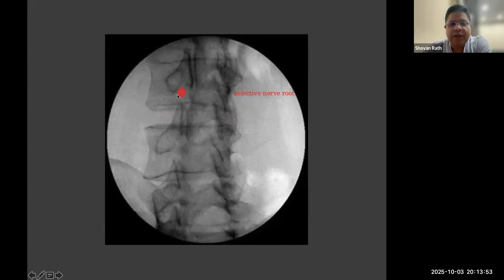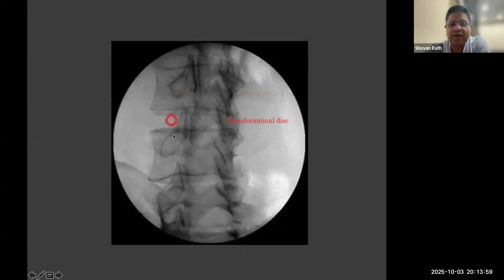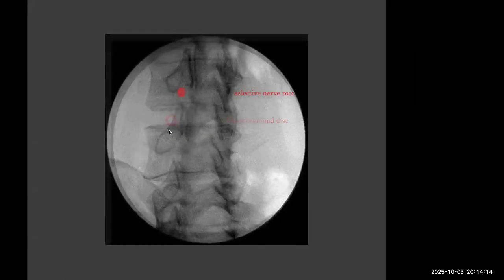For a selective nerve root block, you have to enter with a subpedicular approach. That was the position, I can say the earlier one that I showed, that is in the safe triangle. And this is the position if you want to go for your surgical approach also. If you want to go for an endoscopic discectomy also, you can enter through this position.